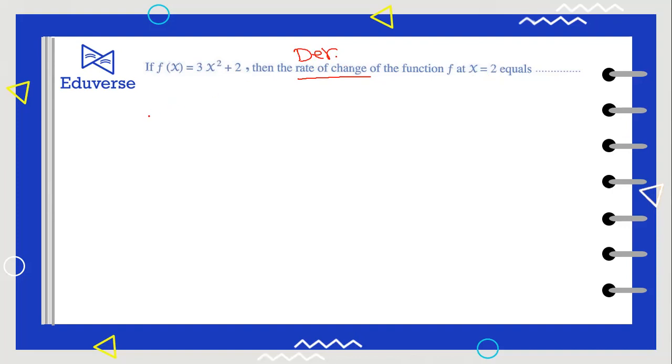Make a derivative here. F dash of x is the rate of change, which equals the derivative of 3x squared plus 2. It will be 2 multiplied by 3 is 6x, and the 2 will be 0. That's the rate of change.